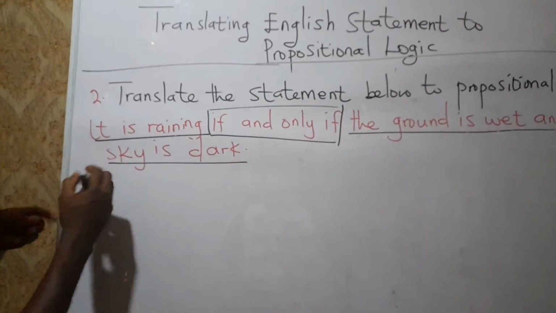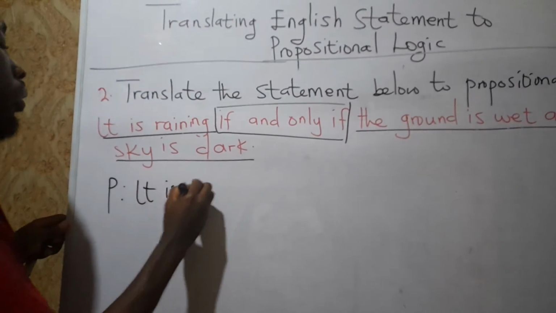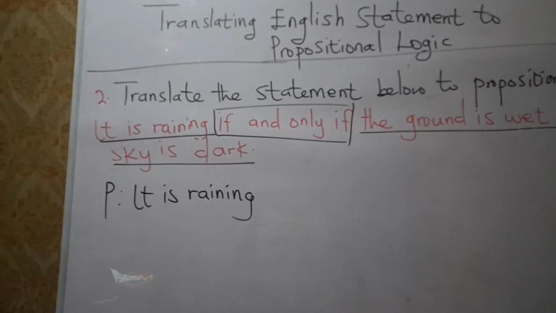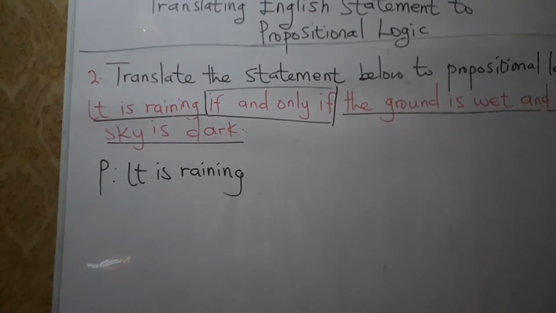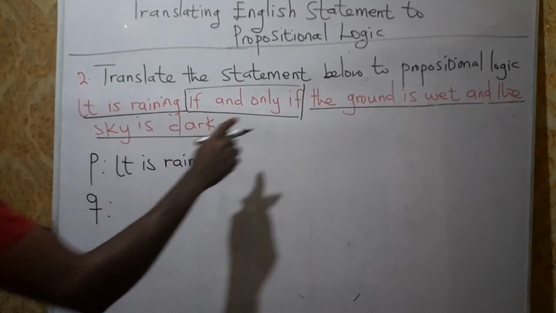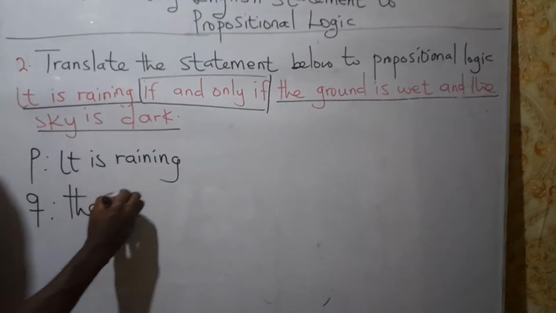What are they? The first one is P, it is raining. And this is the hypothesis of the biconditional statement, if you remember that. Then Q can be the ground is wet. So the ground is wet.